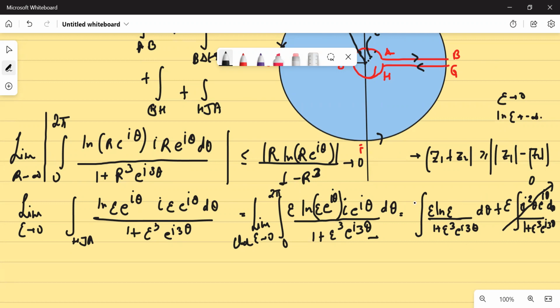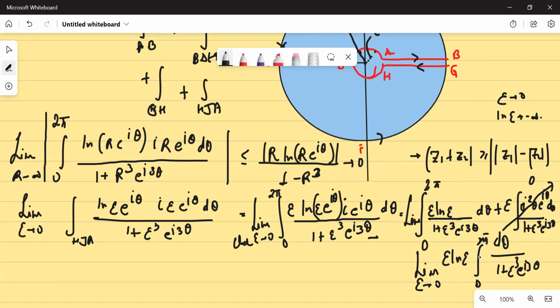This particular integration is going from 0 to 2π in theta. Whatever constant comes out, I'm not interested in it. Rather, I'm interested in finding what limit epsilon ln epsilon will give me, because whatever constant comes out will be multiplied with this, and if the limit comes out to be 0, then this entire thing is 0.